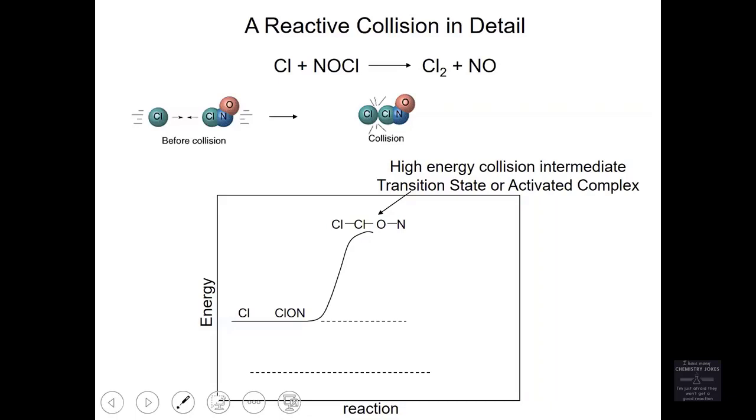At that transition state, you are making new bonds and breaking old bonds, and so that's a really high energy thing to do. And then as your bond is made and broken and things start to separate, you lose energy, you release energy from that activated complex state, and you end up with Cl2 and NO in this specific example.